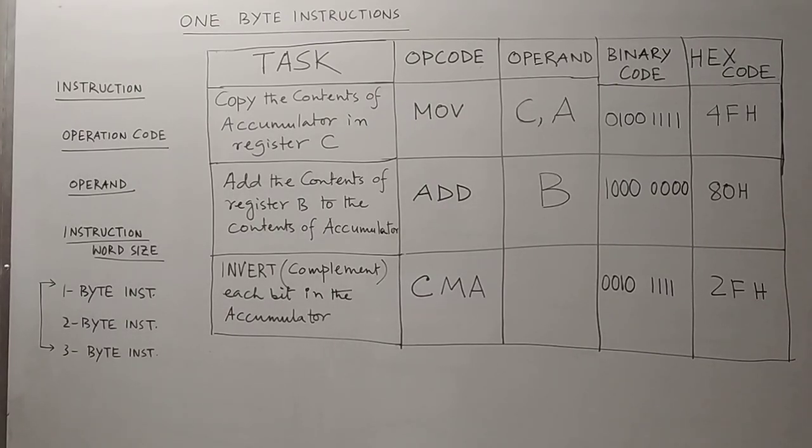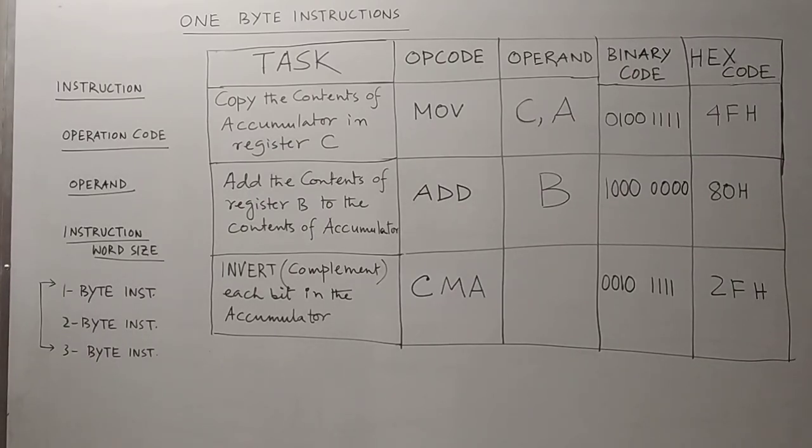The first task is to copy the contents of the accumulator in the register C. Its opcode is MOV, operand is C, A. Binary code is 01001111. So 0100 becomes 4, 1111 becomes F. So the hex code will be 4FH.